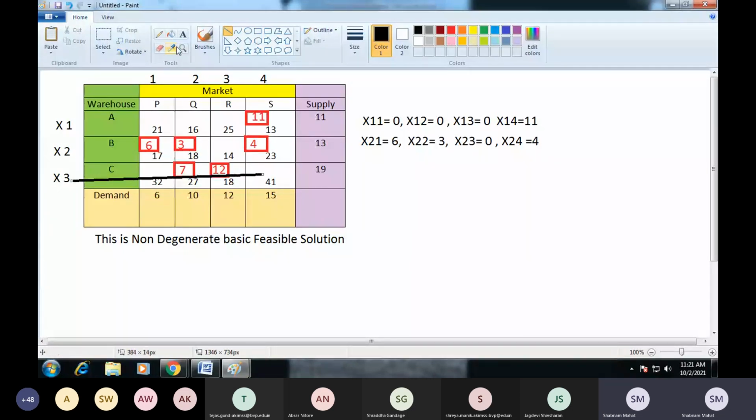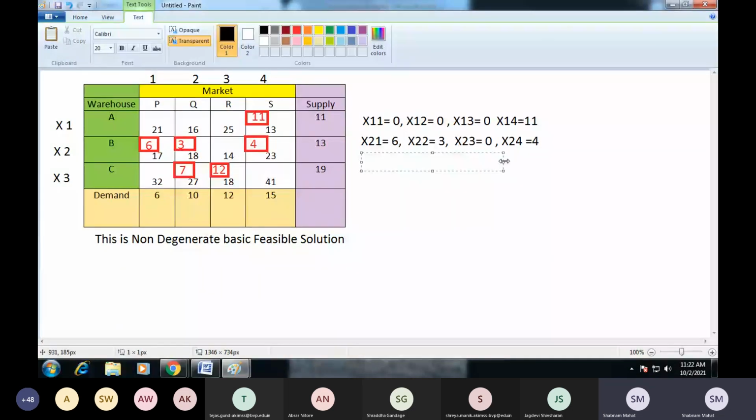So write down all values one by one. x31 is equal to 0, x32 is equal to 7, x33 is equal to 12, and x34 is equal to 0. So I write down my basic feasible solution.